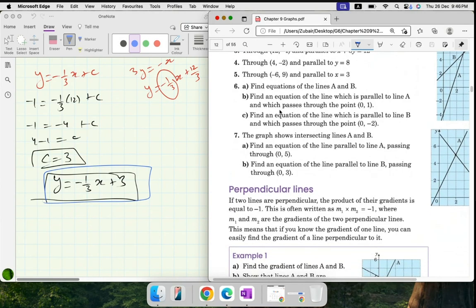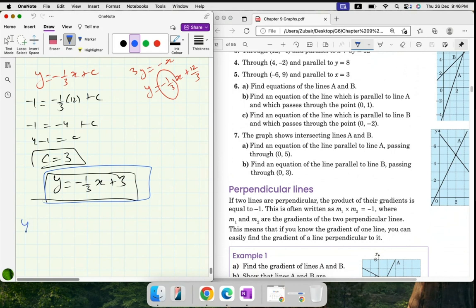4 and 5 are different. I was thinking to skip a few questions, but they're different. Try 4.